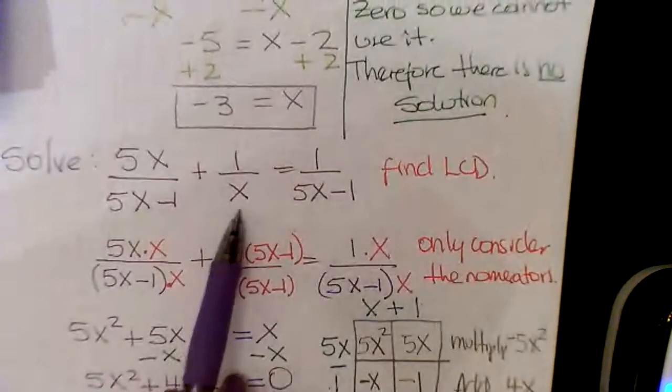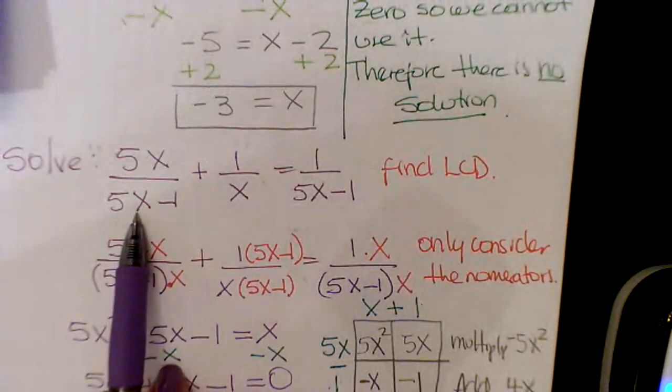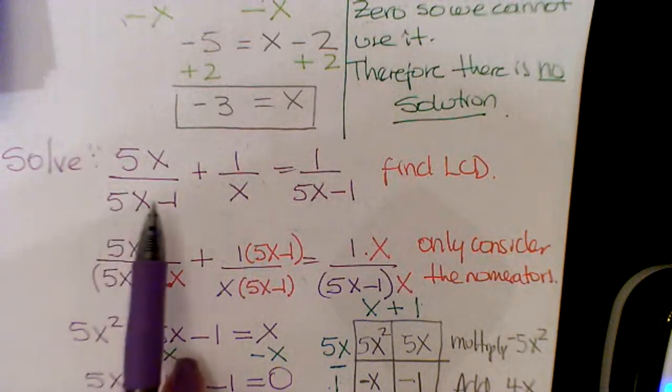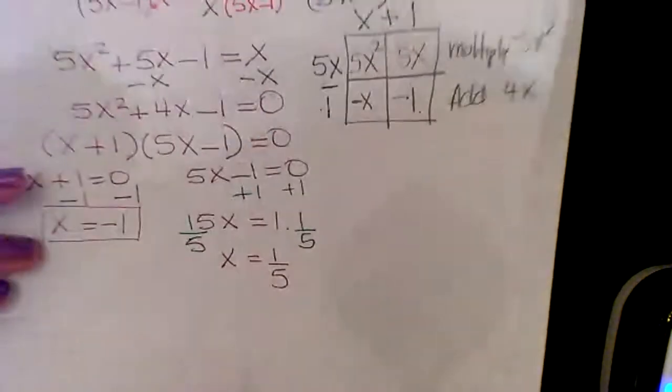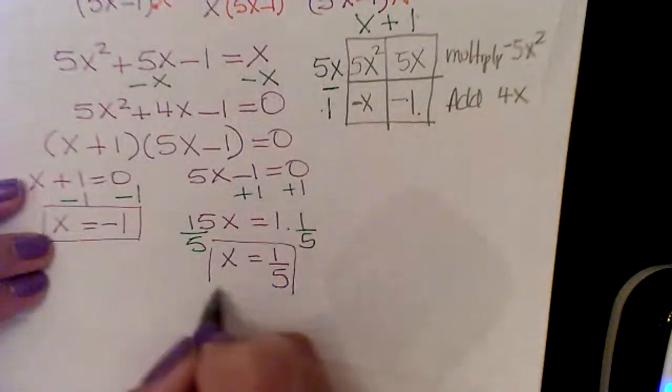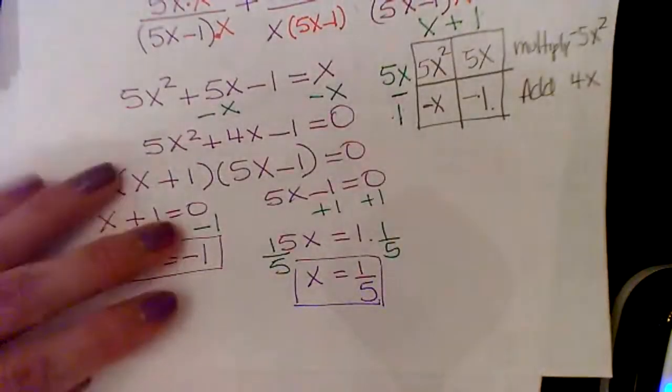Can x be equal to negative 1? Yeah. That would be negative 5 minus 1, negative 6. And this one will be negative 1. But what happened when I use this one? Let's try that.